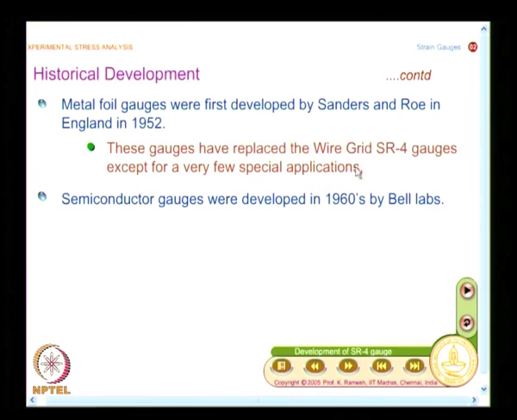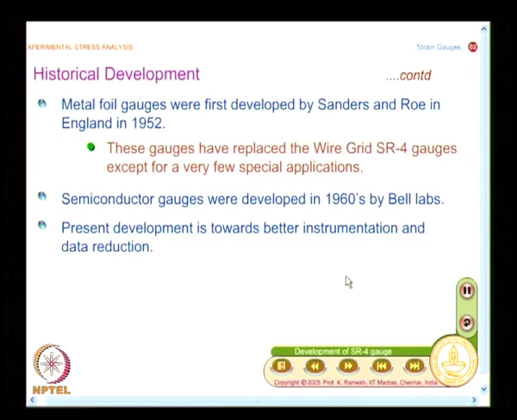There are many advantages. And after the development of metal foil gauges, the major development was semiconductor gauges. This was developed in the 1960s for very special applications. And if you look at what is the current focus, it is towards better instrumentation and data reduction.